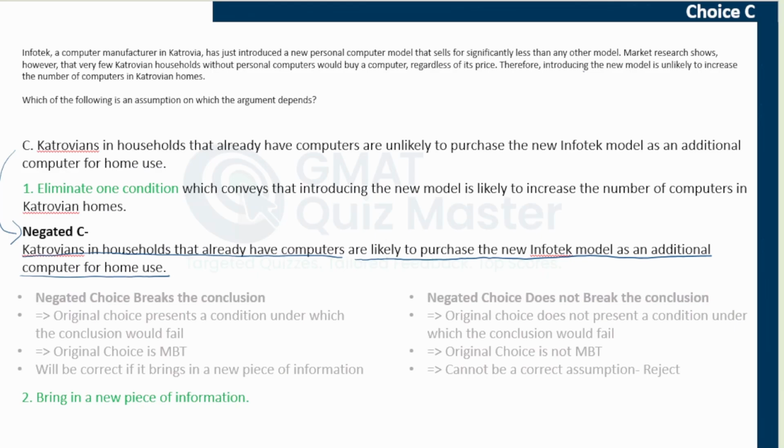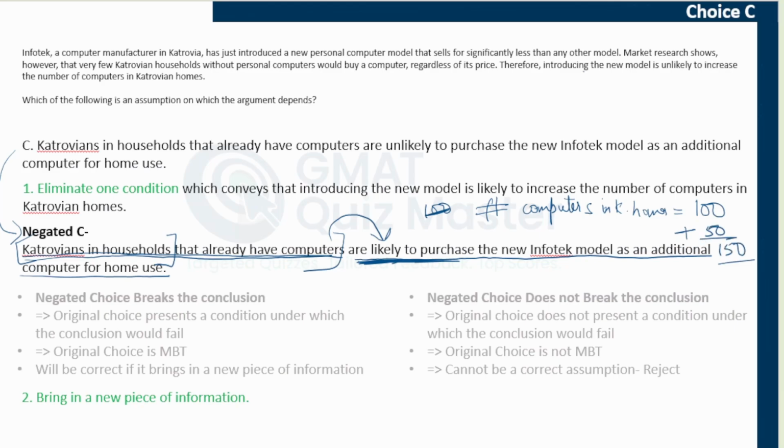With negated choice C, households that already have computers are likely to purchase this new model, which means that if the number of computers in Ketrovian homes was, let's say, 100, then with negated C, Ketrovians in households that already have computers will buy additional computers. So what will be the impact? The number of computers in Ketrovian homes will be likely to increase.